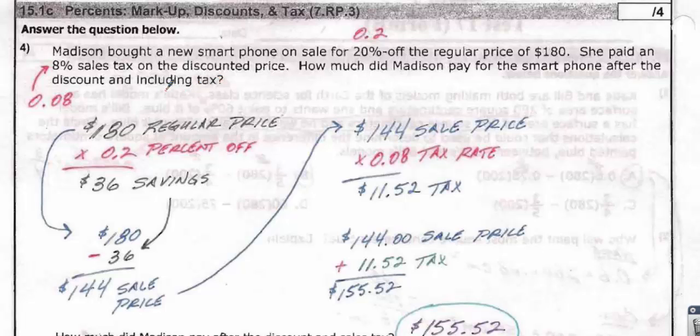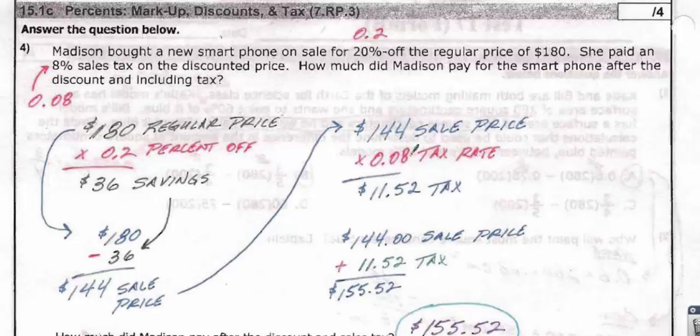How much did she pay for the phone after the discount and the tax? So here's the regular price of the phone, $180. 0.2 is the percent off, 20%. She saved 36. Savings, always a subtraction, so we have the 180, take away the savings, 144. That's the sale price.